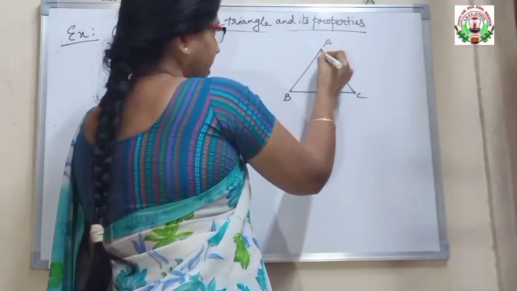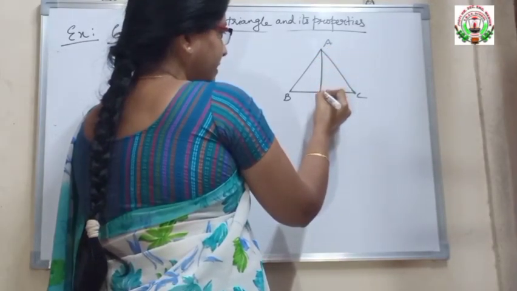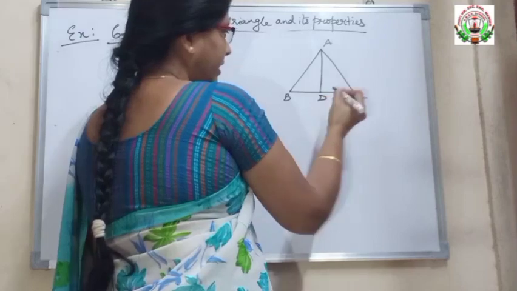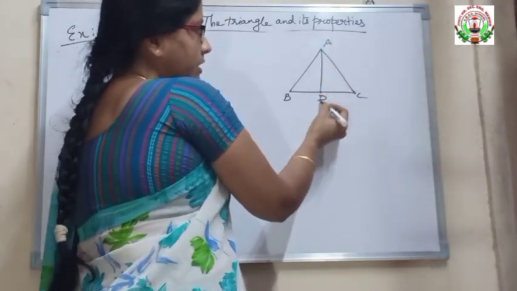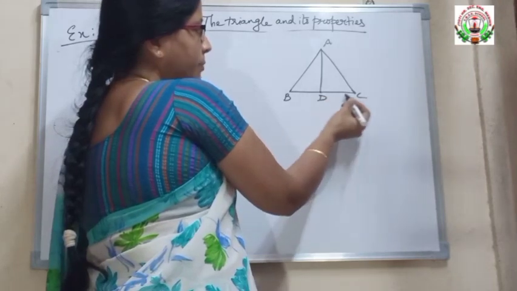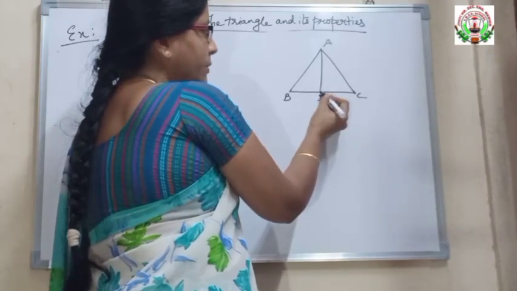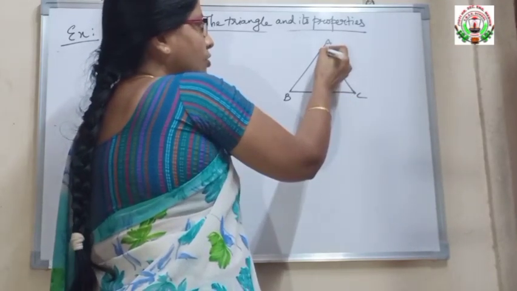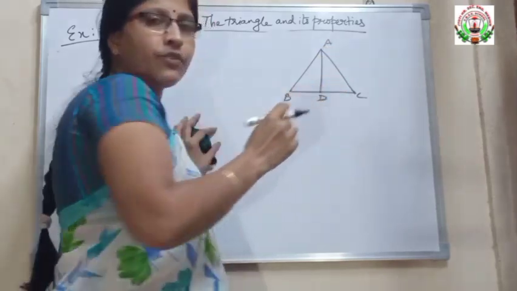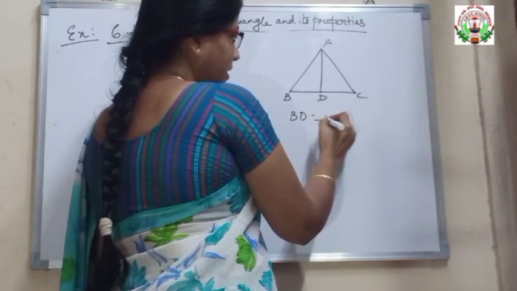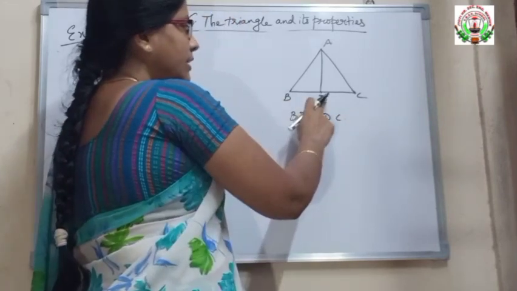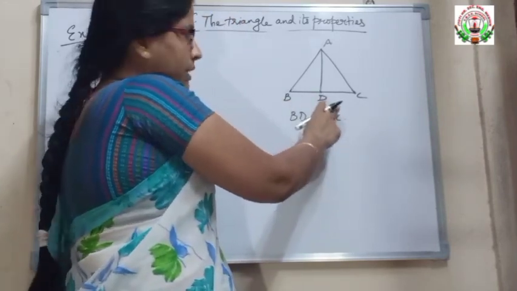When I draw median, because two sides are equal, here D. D is a median because it is drawn to the opposite side of the triangle and it is coming to the midpoint. When I draw one more line also for altitude, it will be the same. Here BD is equal to DC because D is the midpoint of BC.